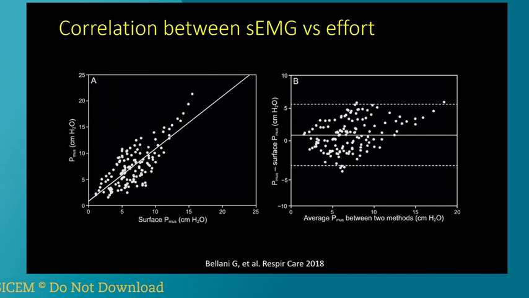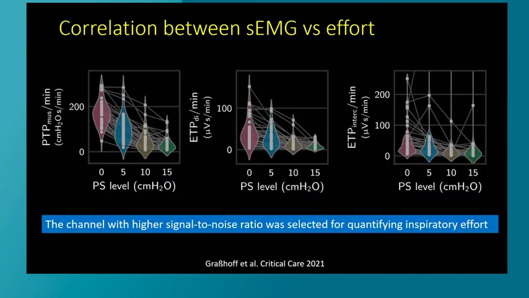And the correlation was pretty good in this study, but it could be even improved. And in other studies, a group from the Netherlands showed that at different levels of pressure support, the pressure time product measured by esophageal balloon decreased with increasing pressure support, which is the same that happens with the pressure time product measured using surface EMG.